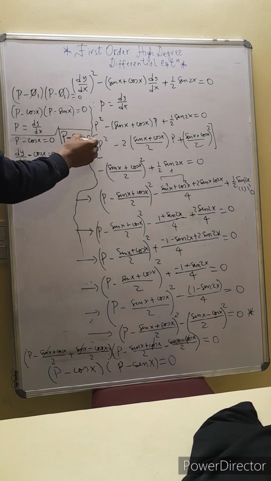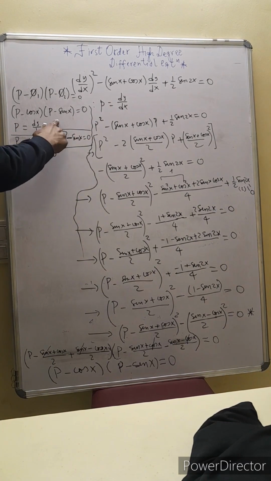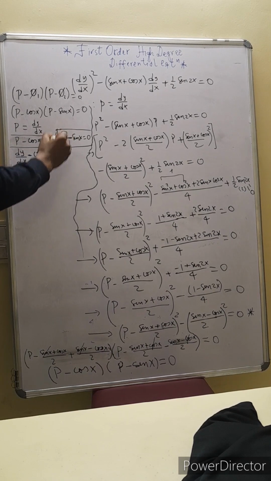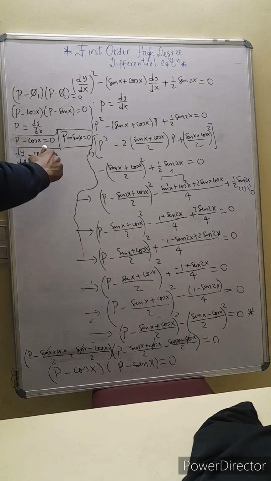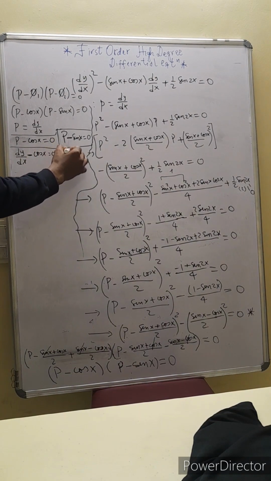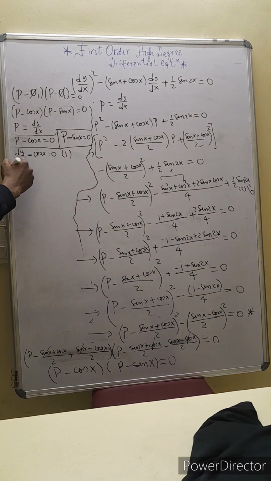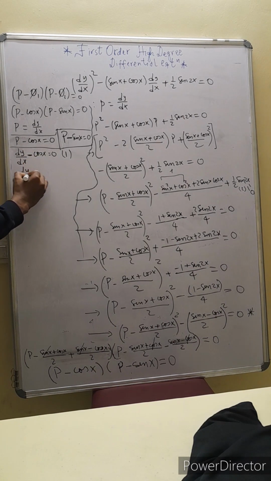Remember, here we have two equations. I'm first solving for the first one. So just send this guy there. Dy by dx is equal to cos of x. Then here I can separate the function of x with the differentiation of x too.